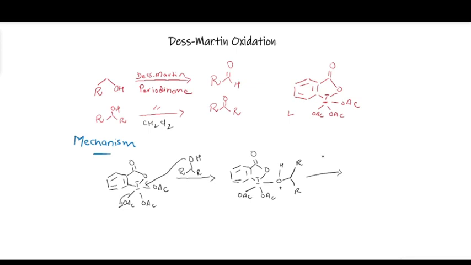The acetate group that has been released in the form of an anion abstracts this proton, and so we have a stable molecule again.